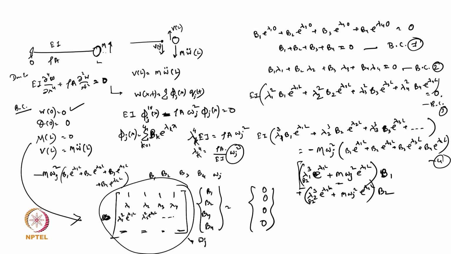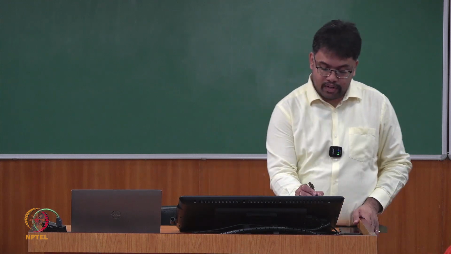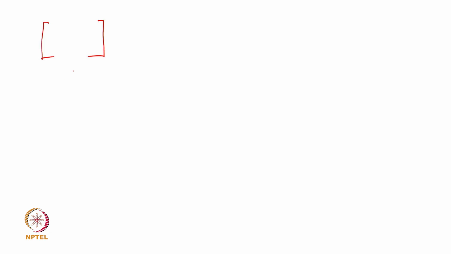Okay, now once we have calculated the omega j, now what happened? You have this full matrix, you plug the omega j into it. You have the full expressions, now you put the omega j value. Okay, so once you put the one value of the omega j from the solution, this matrix again will become 0.